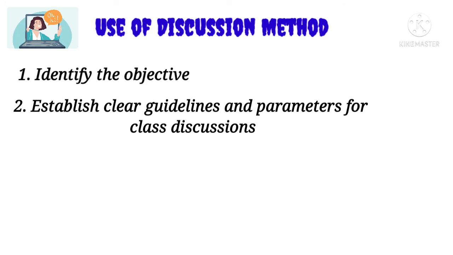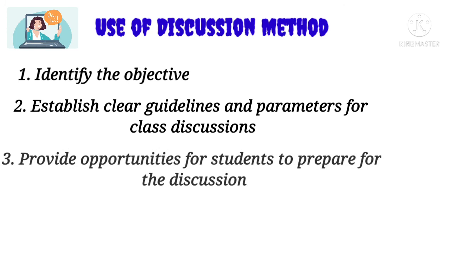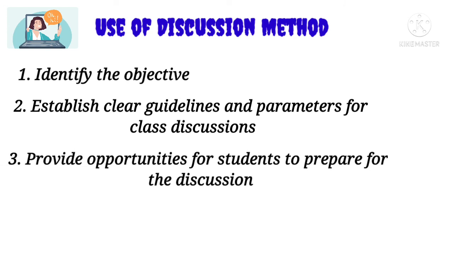While these guidelines may help your classroom, they may also provide a more rigid environment in which students are less willing to speak freely. Provide opportunities for students to prepare for the discussion.